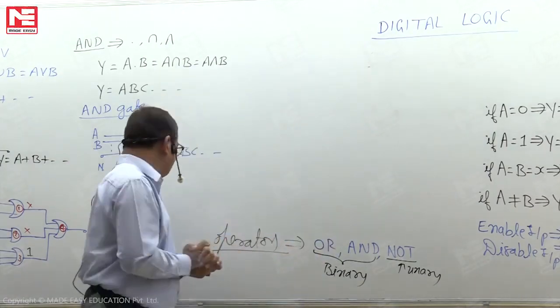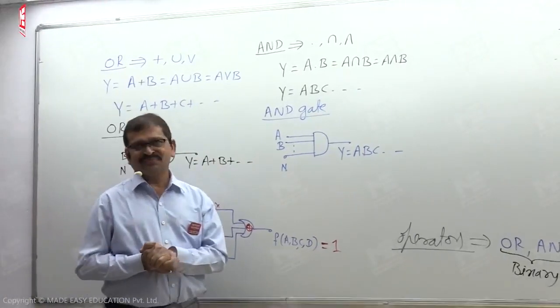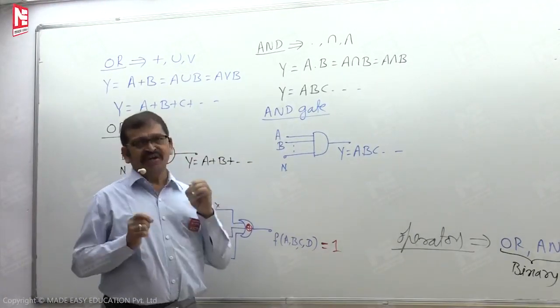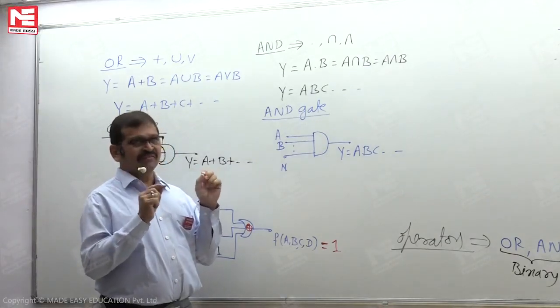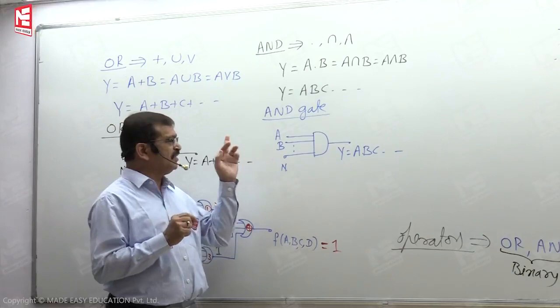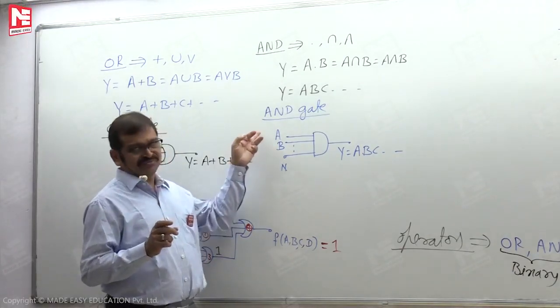Suppose I have an AND gate with 3 inputs. We need to identify the enable input. If we identify it well, suppose we identified that the enable input is 1, then the response depends upon the other 2 inputs.